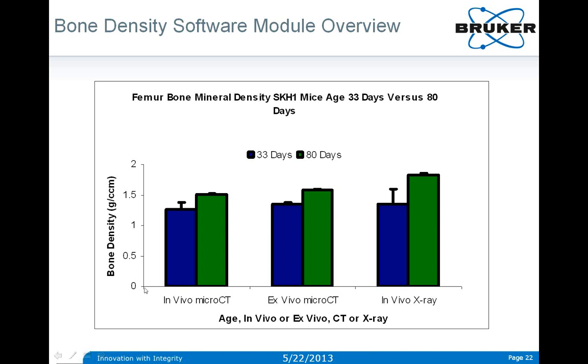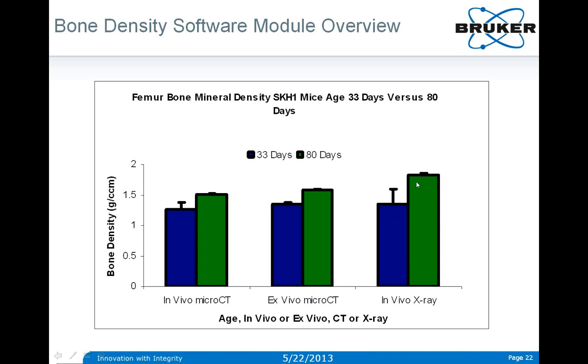The system was calibrated using a hydroxyapatite phantom. We can see in blue the in vivo measurements, so these were in live animals, the 33-day and the 80-day in green. And then ex vivo measurements, micro-CT, and then the measurements made using the bone density software module and planar X-ray imaging using the Bruker In-Vivo system.